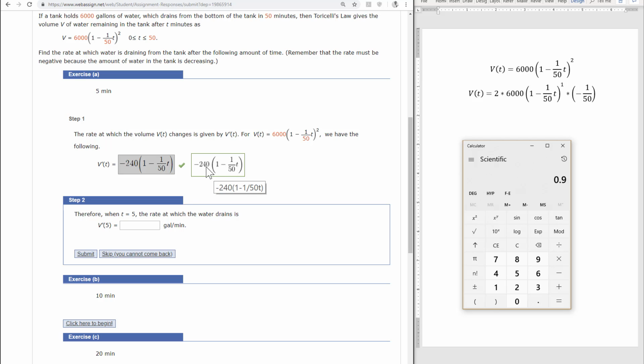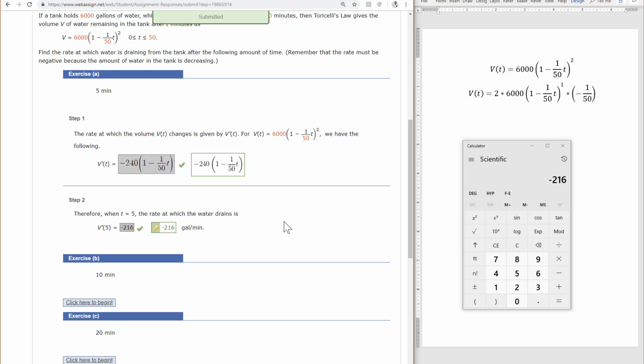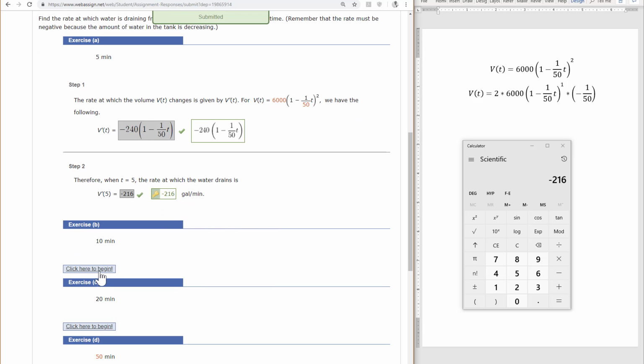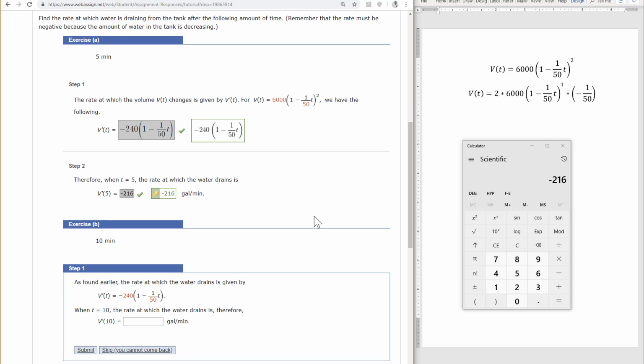That's a 0.9 to the first power, and then I'm going to multiply this by negative 240. I'm using a scientific calculator. If you have a graphing calculator, that might be a little bit easier because you can just follow through the steps going from left to right instead of going from inside to outside. All right, we got negative 216. So that's good so far. That's the first part.